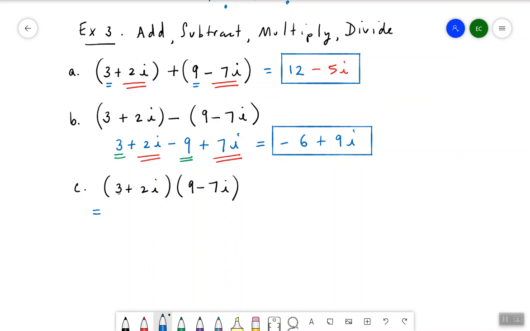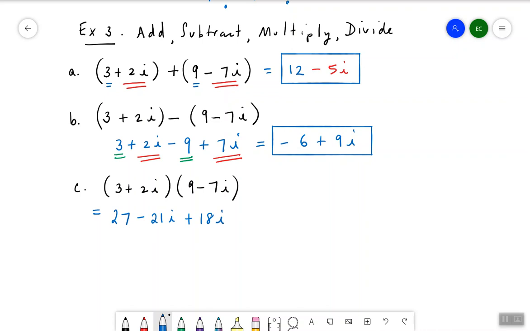Let's write the 2 first terms. 3 times 9 is 27. The 2 outer terms. 3 times negative 7i is negative 21i. The 2 inner terms next, 2i times 9 is positive 18i.